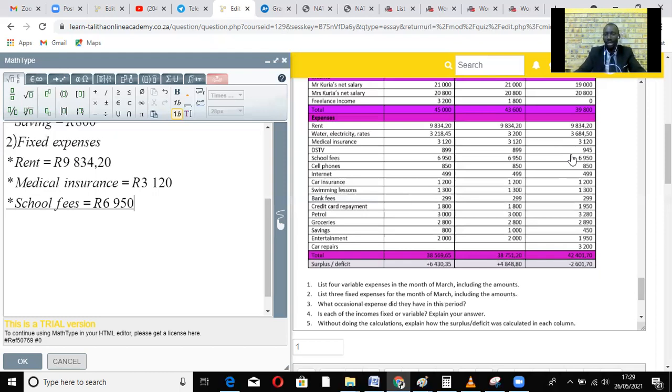Well, now that we are done with school fees, is there one or two more items we could consider including? Let's check.